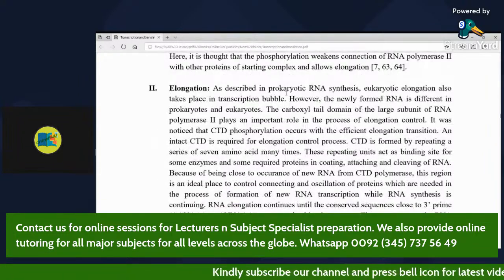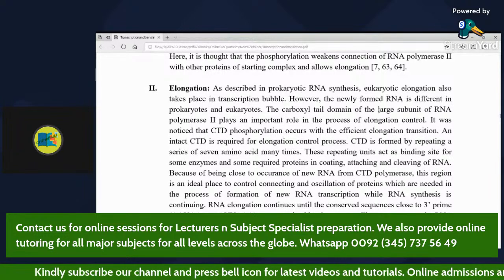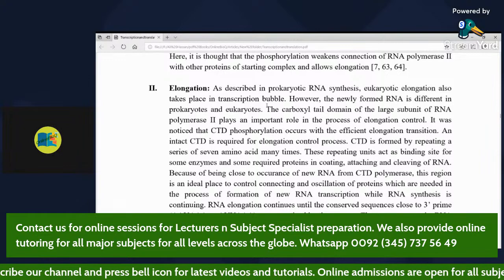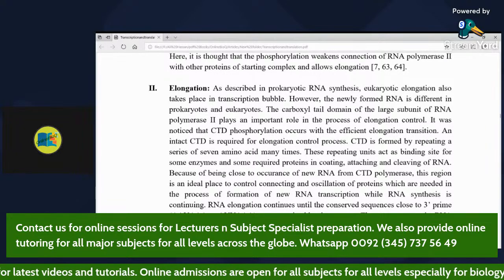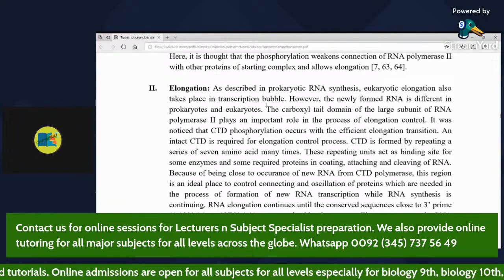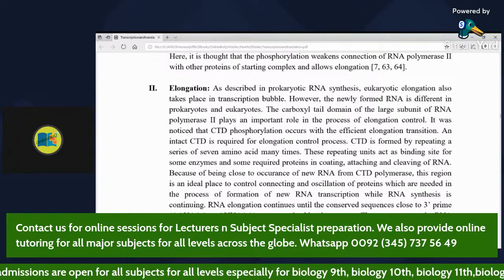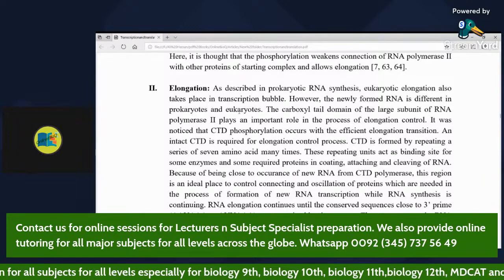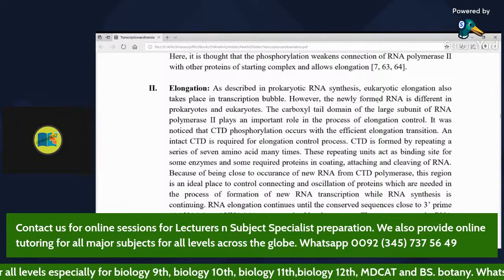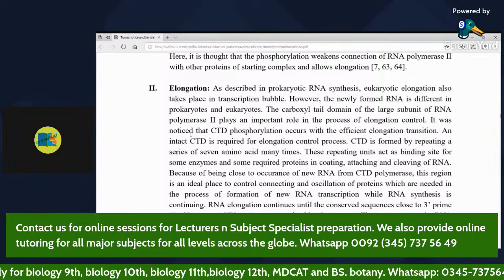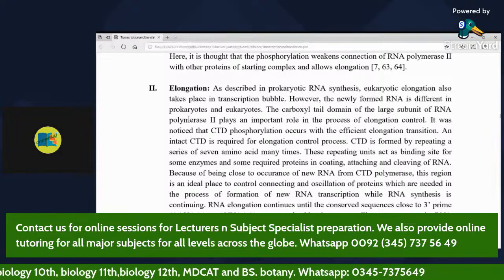As described in prokaryotic RNA synthesis, eukaryotic elongation also takes place in a transcription bubble. However, the newly formed RNA is different in prokaryotes and eukaryotes.